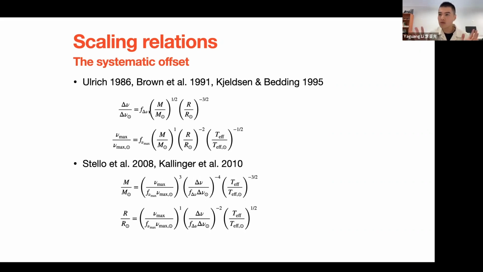Under normal circumstances, these correction factors should be around 1, and a departure from 1 indicates a departure of the scaling relations themselves. If I take these correction factors into account in the new scaling relations, they will appear in the denominator of these fractions.